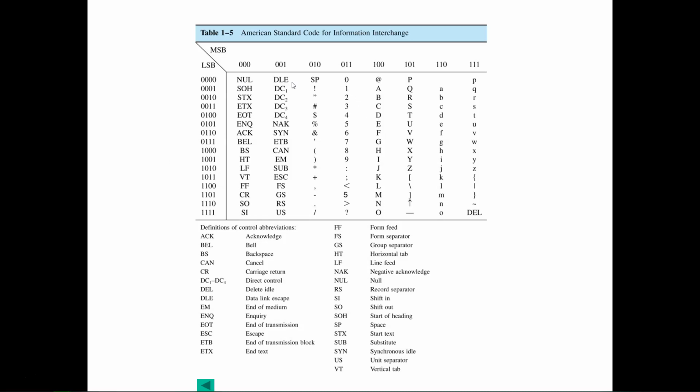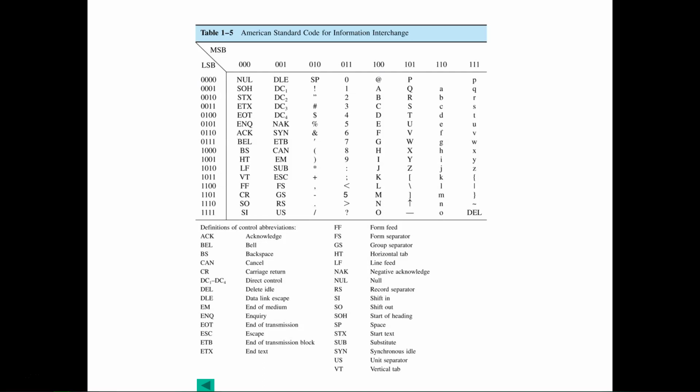So for, let's say, delete, the first part of the code is 001, okay? And then it goes to 4 zeros after it. So if you're doing, let's say, the letter A, that's 100 and then 0001.